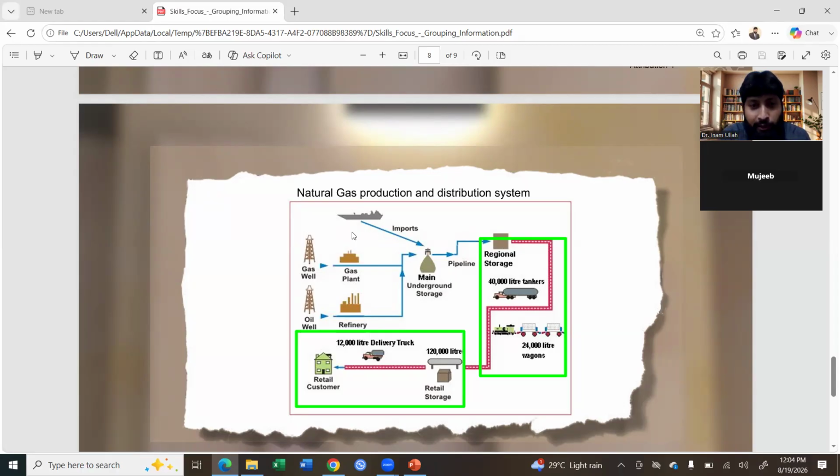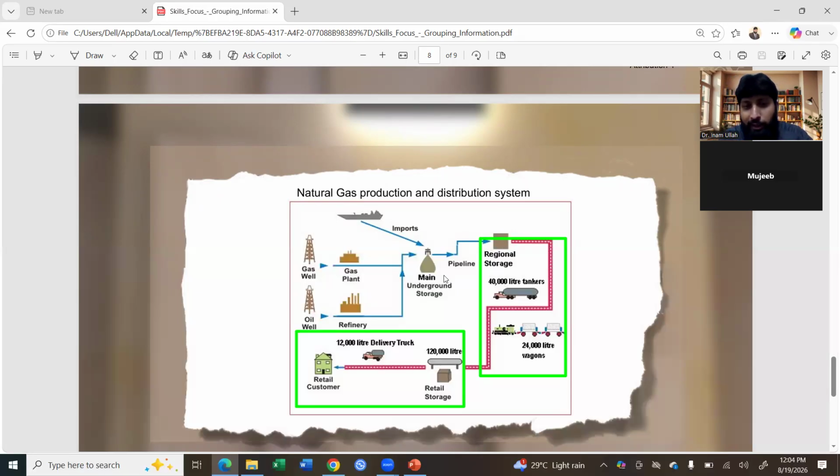As you can see here, these three elements, gas well, oil well, and imports, are actually producing or bringing the natural gas. In simple words, they are the sources of natural gas, one thing. So these will go into one group.